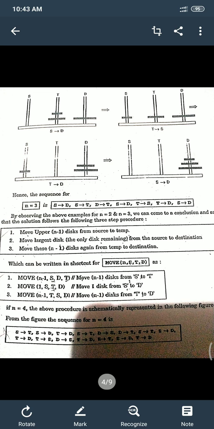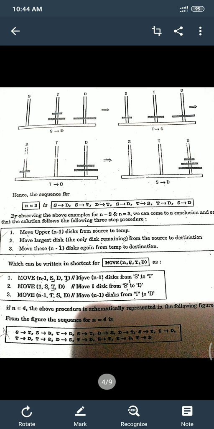Next, by observing the above examples for n equals 2 and n equals 3, we can come to a conclusion and say that the solution follows the following 3 step procedure. What is that?